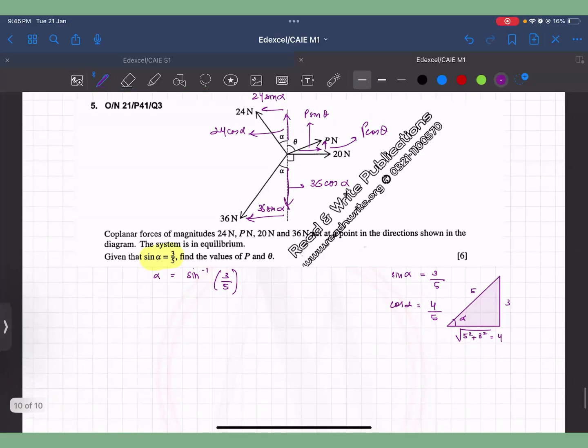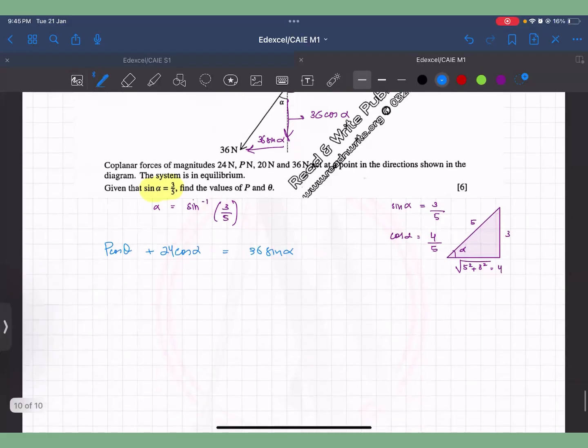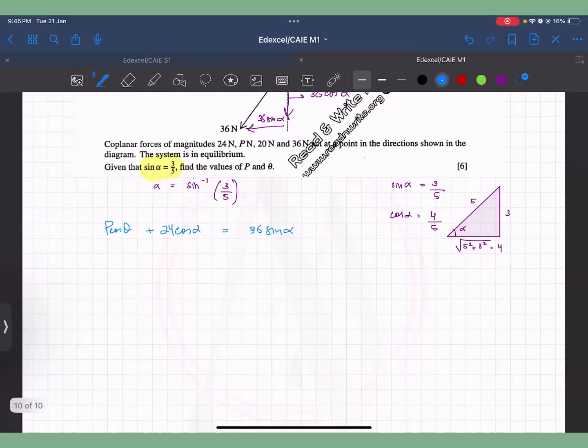So now you form the equations. Vertically, sorry, vertically upwards you have two forces, which is P cos theta plus 24 cos alpha. This angle, this force and this force, and downwards you have 36 sine alpha. Now you know the value of cos alpha and sine alpha, exact values.